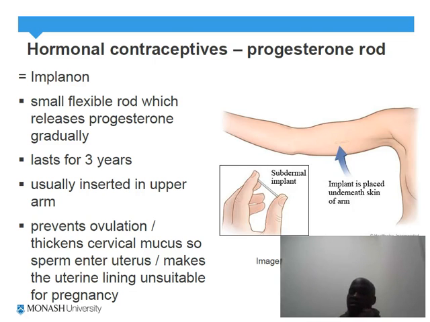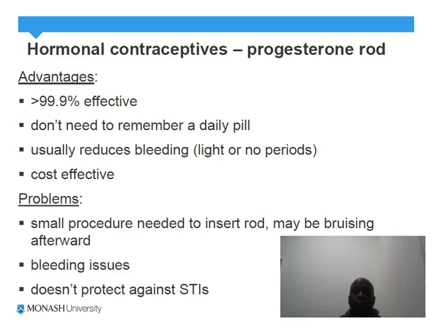So what are the advantages of the progesterone rod? Firstly, it's highly effective, 99.9%. And you do not need to remember a daily pill. Once you have it inserted, you forget about remembering to take a pill. So that's quite advantageous.